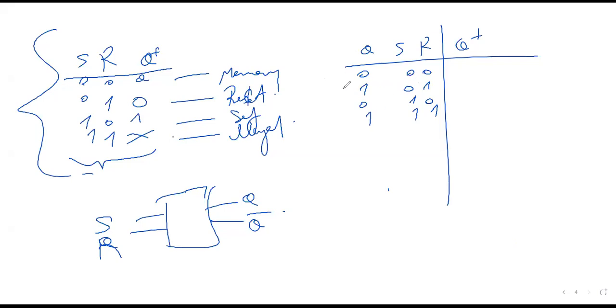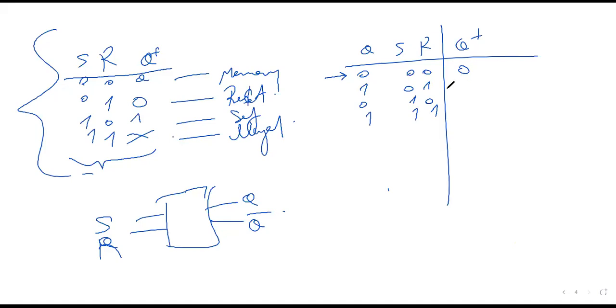This one. What is the next state? Honestly, I'm not sure. No, give me an answer. I need an answer. Wild guess? Memory state, 0.